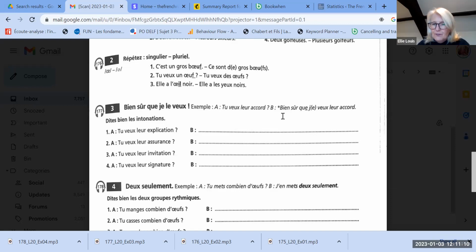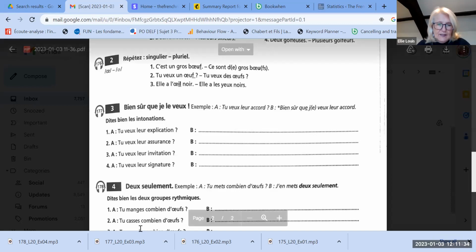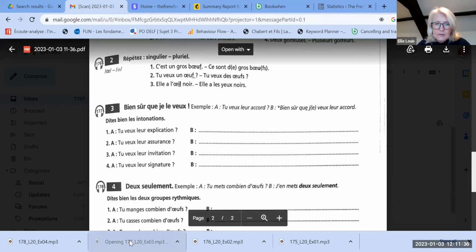And what does it mean? Do you want their agreement? Of course I want their agreement. And then we're going to run through other ones. It will say, do you want their explanation? Do you want their assurance? Do you want their invitation? Do you want their signature? And every time it's going to be, of course, and then so on. Okay, let's have a listen to these and then a repeat.